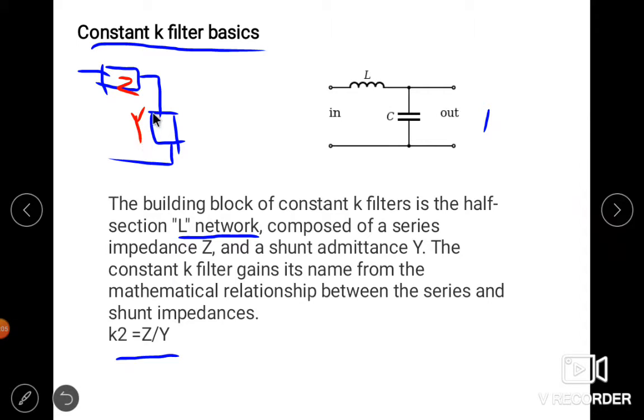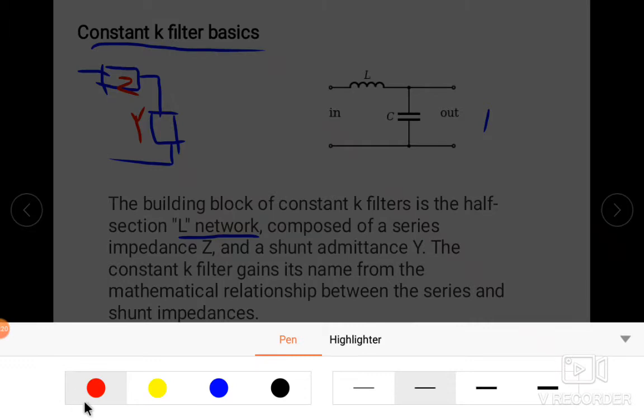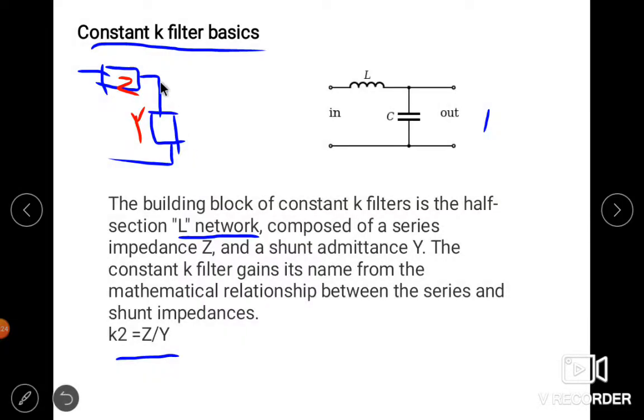And similarly, if we discuss this ladder network, then I have to draw this circuit again to complete it. Let me complete this circuit first. Again the circuit goes like this, and this is the n type.